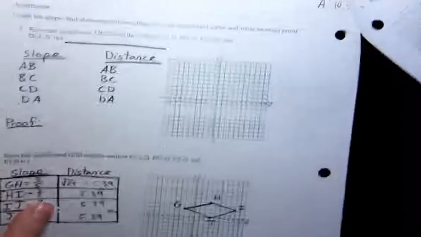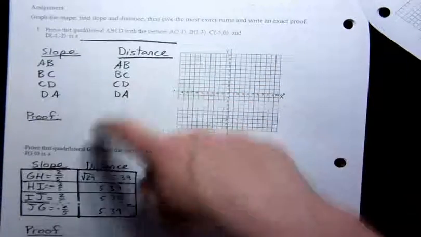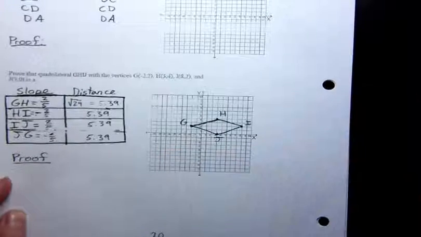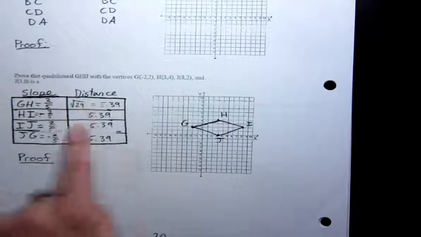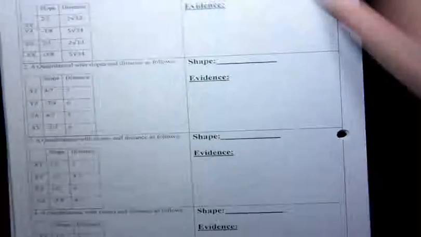And so, first of all, what you're doing here is there's one shape that you need to graph, find slope and distance, and then find the proof. And then there's 3 more shapes where I'd already graphed it and found slope and distance, so you just have to write your proof statement and identify what it is. And then 22, part of your test is going to look like this.